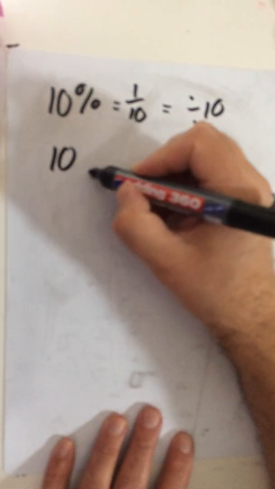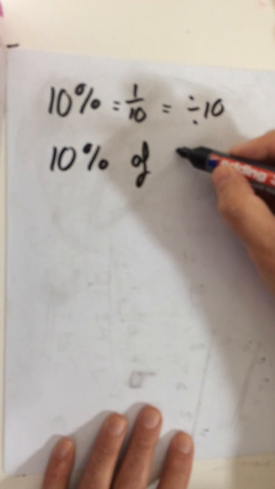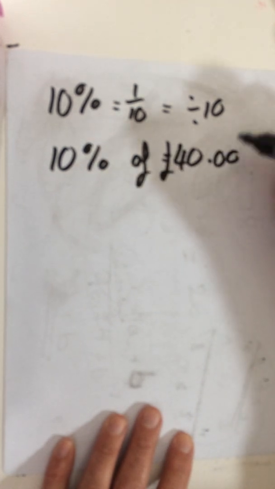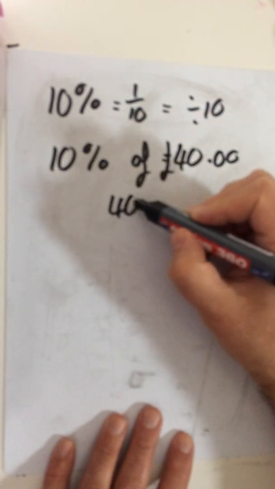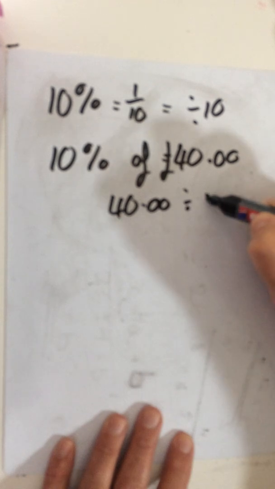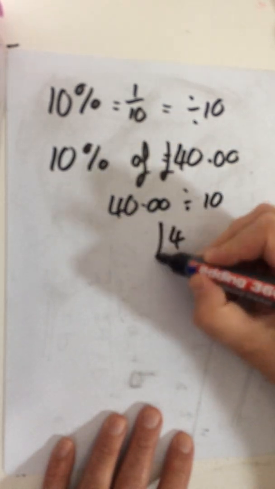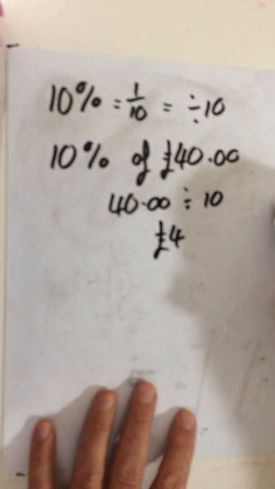So if you were to find 10% of £40, that is just dividing by 10. So it becomes 40 divided by 10, which will give you £4. So to find 10%, you're just finding a tenth of something.